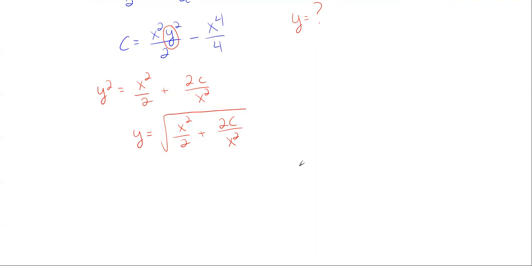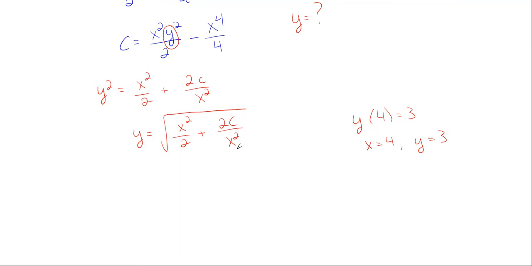Now, I was given boundary conditions at the start here. If I wasn't given boundary conditions, this would be my final answer. But since I have the boundary condition y of 4 is equal to 3, meaning that anytime x is equal to 4, y is equal to 3, I can utilize this in order to find out what this constant C actually is and get the true y equation.